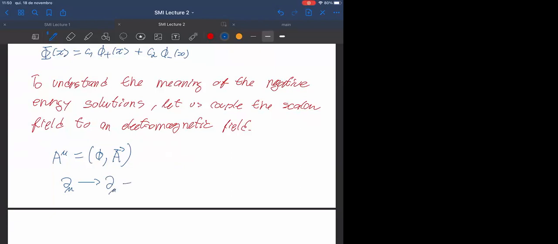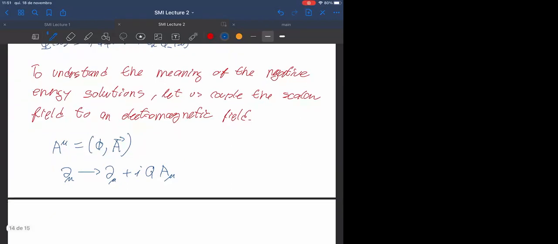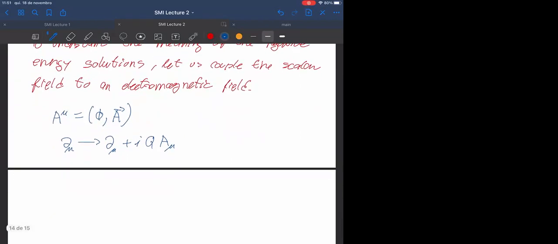So d mu plus i q A mu. This is basically going from partial derivatives to a covariant derivative. But let's not call it covariant derivative now. Let's just say that this coupling implies this, because you need to keep invariance of the Klein-Gordon equation. In this case, it's gauge invariance. I'm not specifying symmetries, but there is a hidden symmetry here, and I need to put this, otherwise I would violate that symmetry.